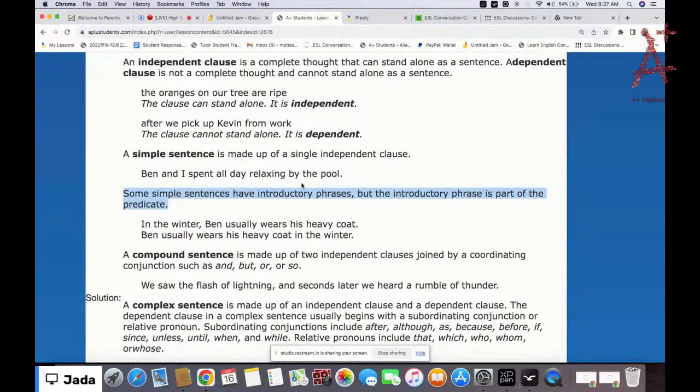The predicate is just like the ending of the sentence, what the subject is doing, like the verb or the action that the subject does. So Ben is the subject, and wears his heavy coat in the winter is the predicate.